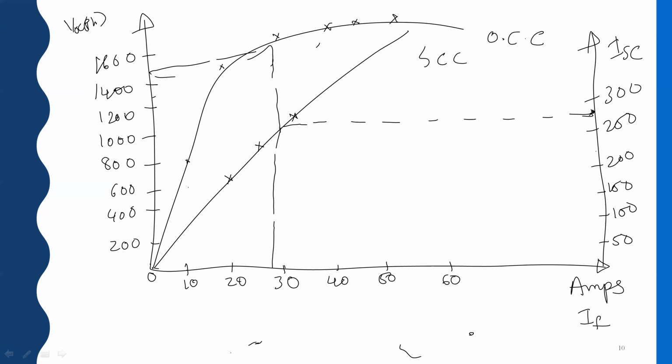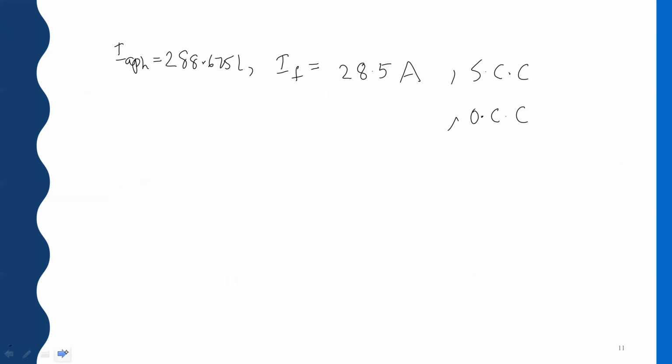So your VOC per phase will be 1060. Student, if you draw neatly on paper, you will get the exact values. Since I have taken an approximate OCC curve, I am not getting it so accurately. For IF 28.5 ampere, my VOC per phase is 1060 volts.